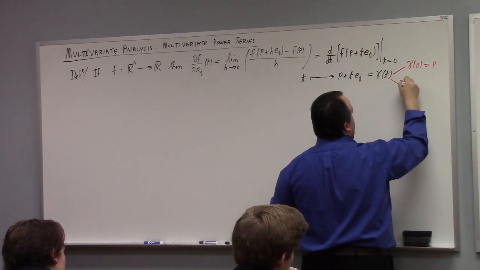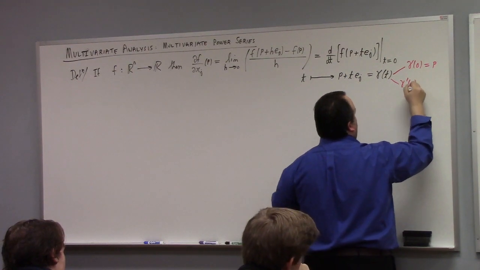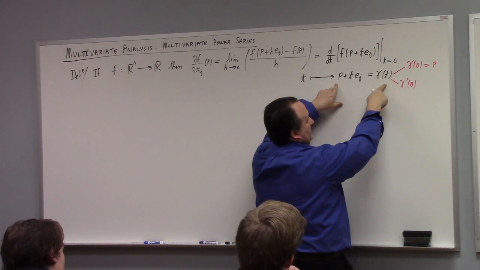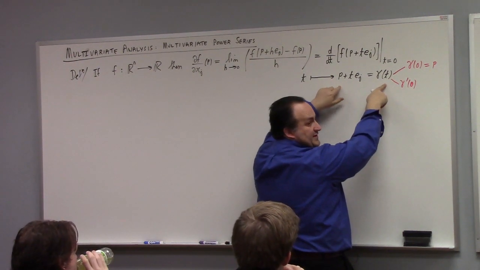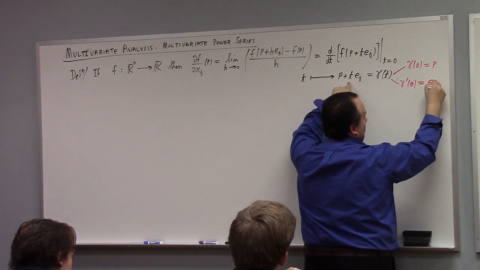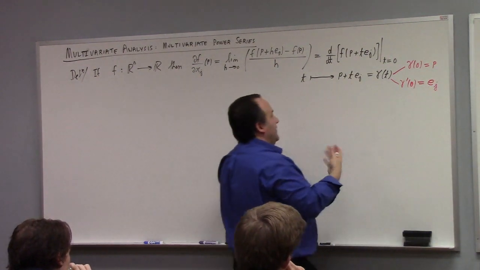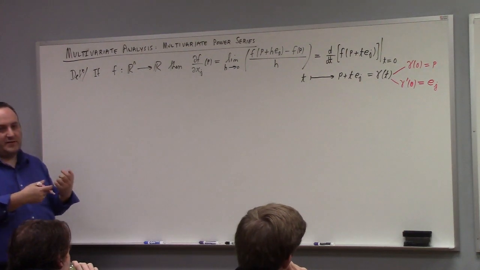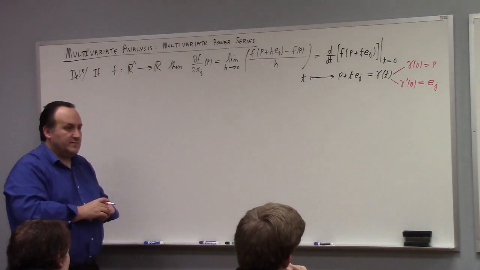And gamma prime of 0 is, like what happens when we differentiate this? P is constant, right? And we just get e sub j, right? So what the partial derivative does is it calculates the change in the function in the jth coordinate direction.